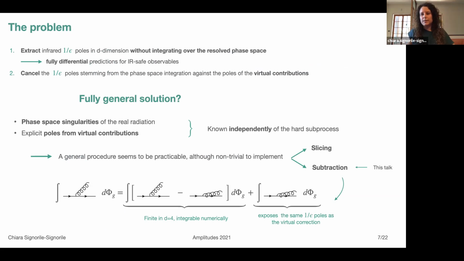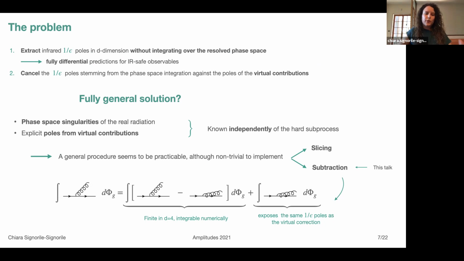We would like to extract these infrared singularities coming from the phase space without integrating over the full phase space. The reason for that is the need for fully differential predictions for infrared safe observables. Once these singularities are extracted, they can cancel against those stemming from the virtual contributions.